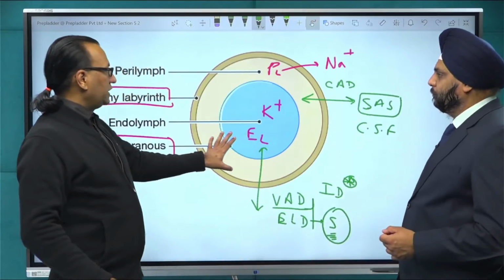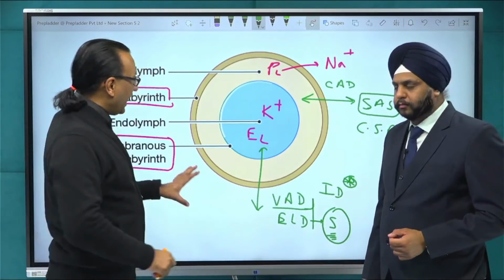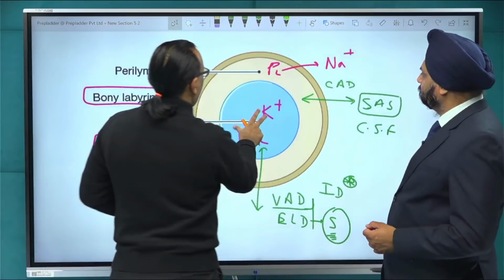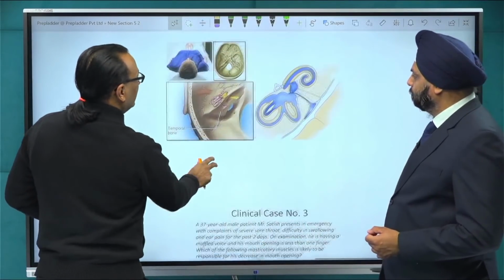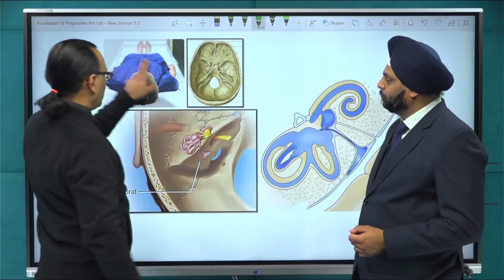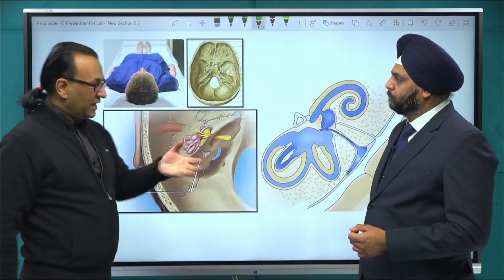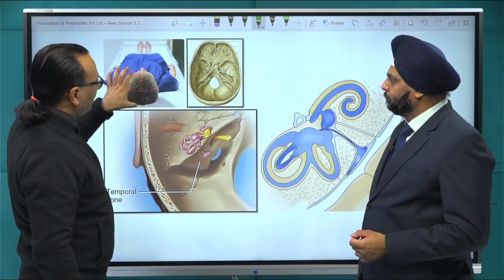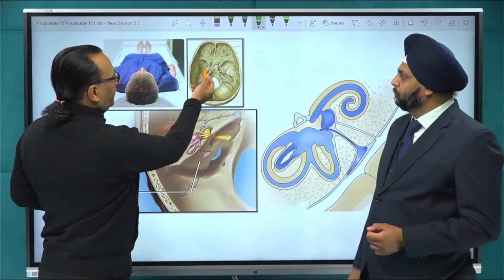We are talking about the labyrinth, the inner ear, and where do we see that? If we go anatomically, you are looking from the superior view now, and in the superior view you have taken out the brain. Look into the cranial fossa: anterior cranial fossa, middle cranial fossa, posterior cranial fossa.